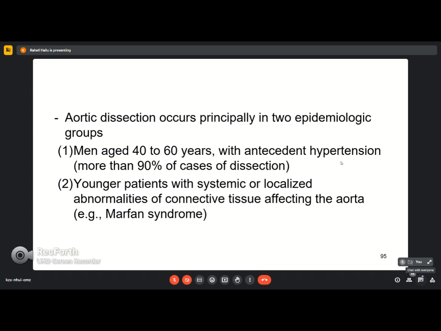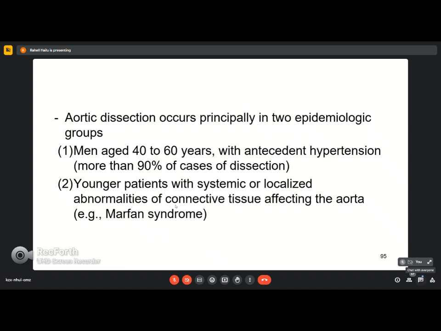the muscle wall. Aortic dissection occurs principally in two epidemiologic groups. You have men with a comorbid condition, usually hypertension, or you have younger patients with connective tissue abnormalities that predispose to defects in the first place, like in the case of Marfan syndrome.